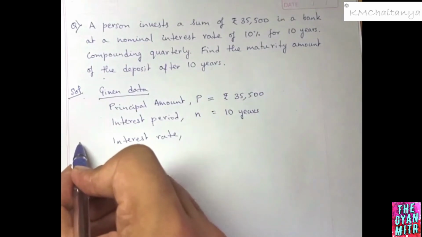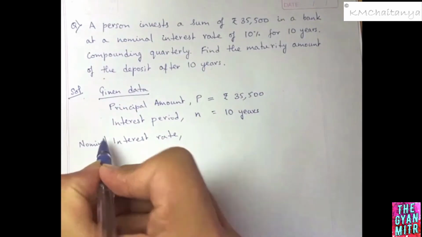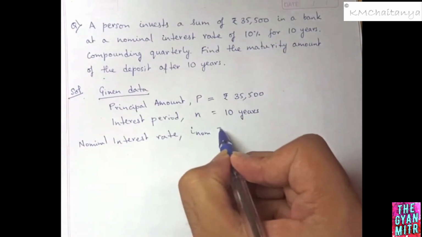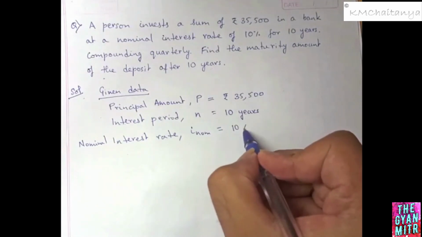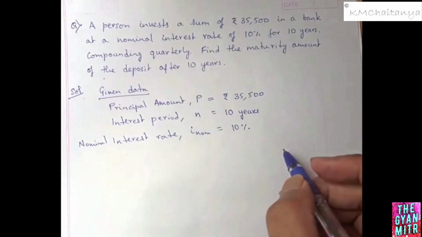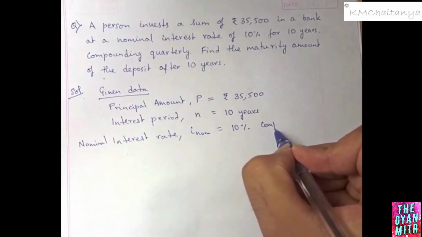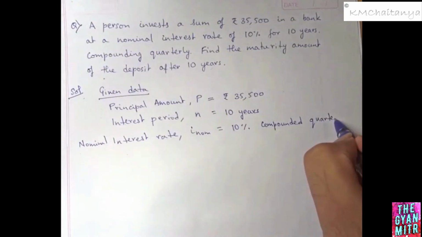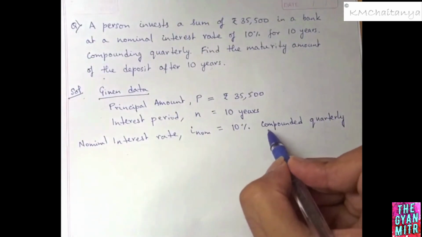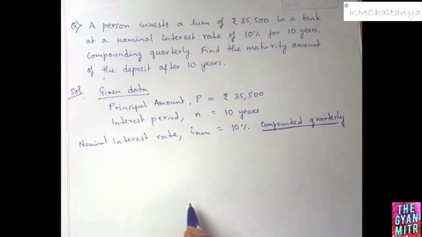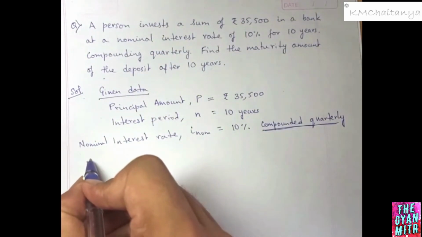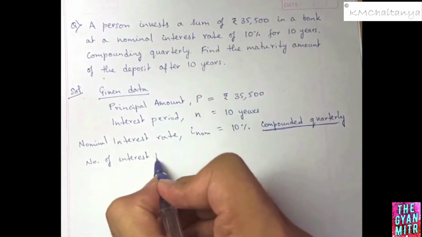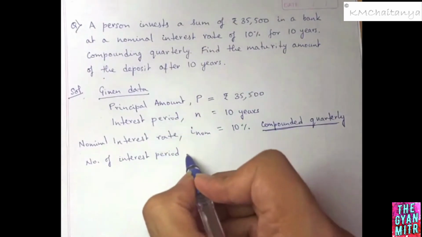If I write it as nominal interest rate, which is I nominal, it is equal to 10%, compounded quarterly. So this is important. Next, the number of interest periods in a year.